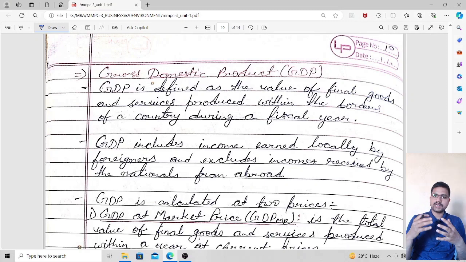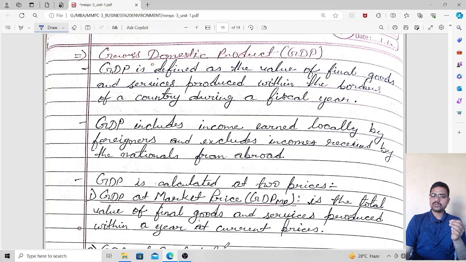If nationals living outside the country send money into the country, that is not included in the GDP. But income earned by foreigners in the country, for example, if an American person is earning money in India, will be included in the GDP.